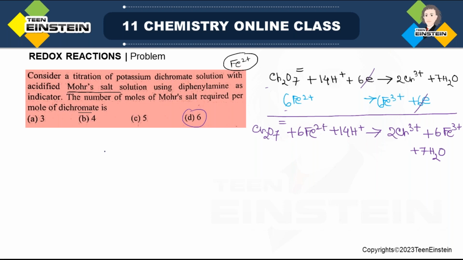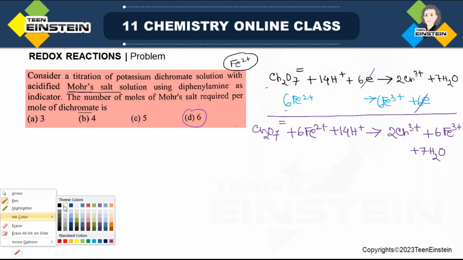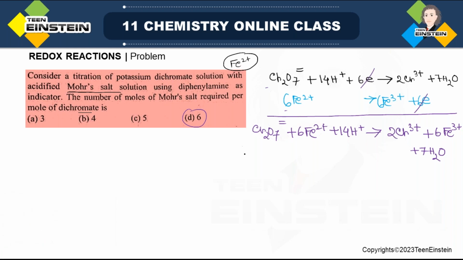So this is the final balanced equation, but this is an ionic equation. Mostly we deal with ionic equations in the redox reaction chapter, but if you want to convert it to a neutral molecular equation, you can also do that. For that, you have to add 2 potassium plus, so that you get K2Cr2O7.